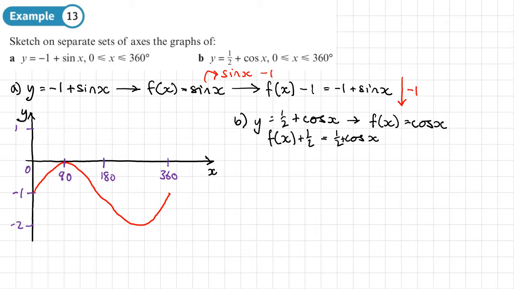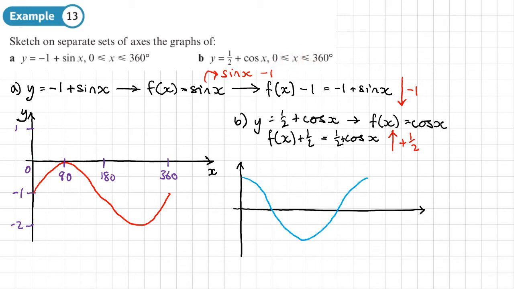So what that means is the graph's going to move up by a half. So let's draw our axis, again between 0 and 360. So here's my graph of cos x. Let's move it all up by a half. So here we'll be going up to 1.5.